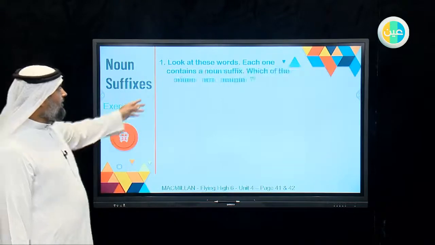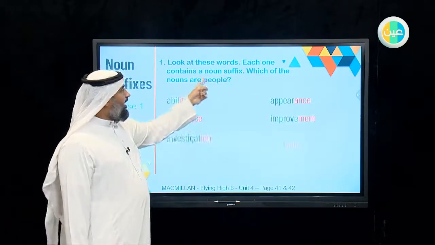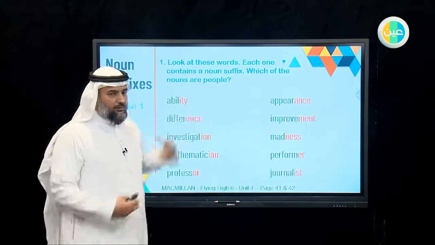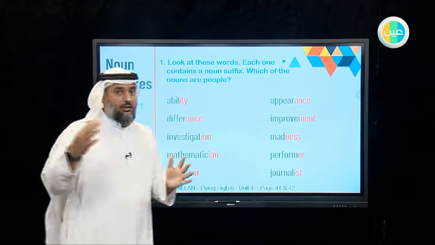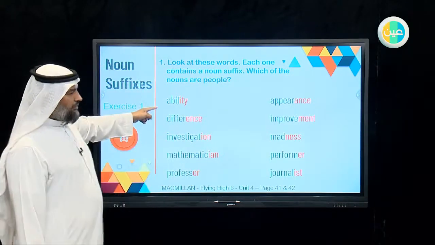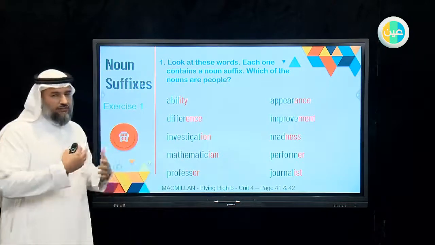Exercise 1. Look at these words. Each one contains a noun suffix. Which of the nouns are people? It refers to people. It talks about people. So we have these words. Ability. Can you say I am ability? No. It doesn't refer to a person.